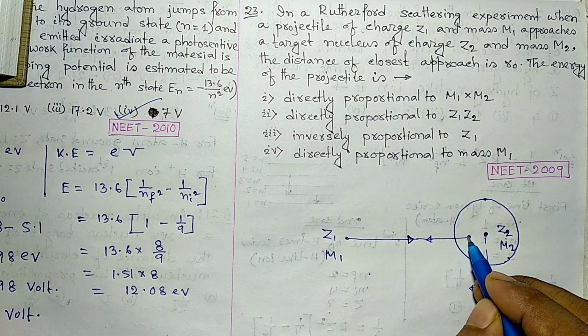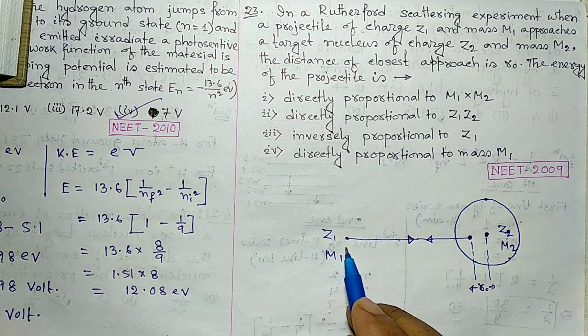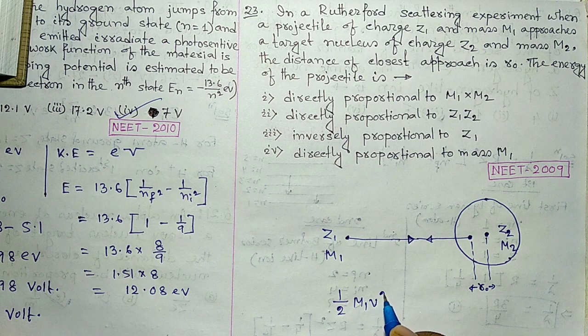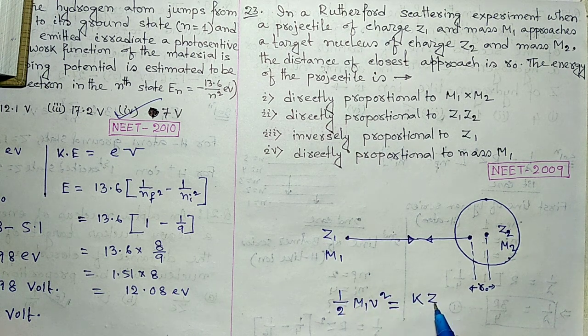In that case, the kinetic energy of that charged particle, which is half m1 v square, is equal to potential energy. Potential energy is K Q1 Q2, that is Z1 charge, Z2 charge, divided by the distance between them, this is R0.